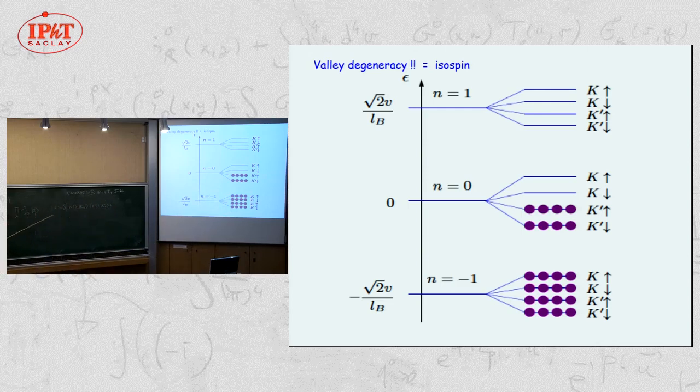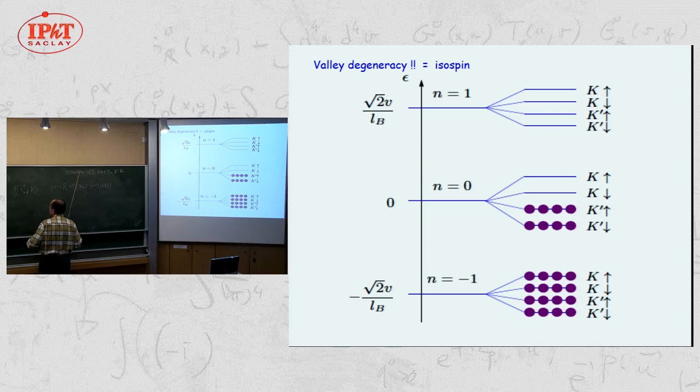So that's a very simple Slater determinant. But since this space is of dimension 4, at filling factor 0, for each guiding center coordinate, you will have to choose 2 orbitals.